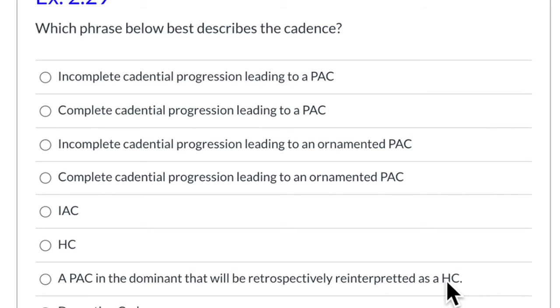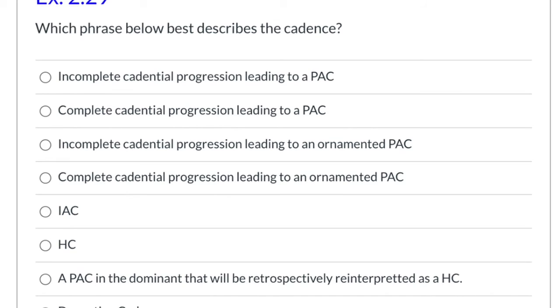If we're in C major or minor, the key of the dominant is G, so it would be a D7 going to a G root position. Looks like a perfect authentic cadence, except it's not. Not in terms of the original tonic. In terms of the original tonic, it's a retrospectively reinterpreted half cadence.